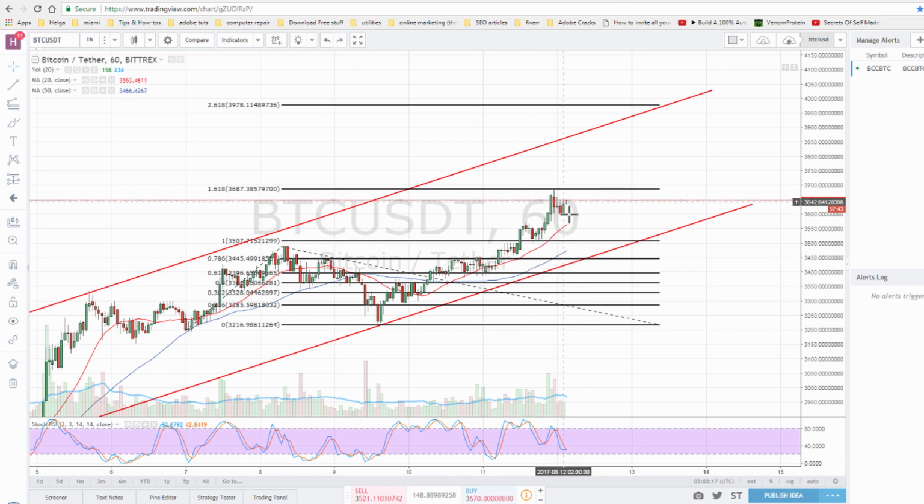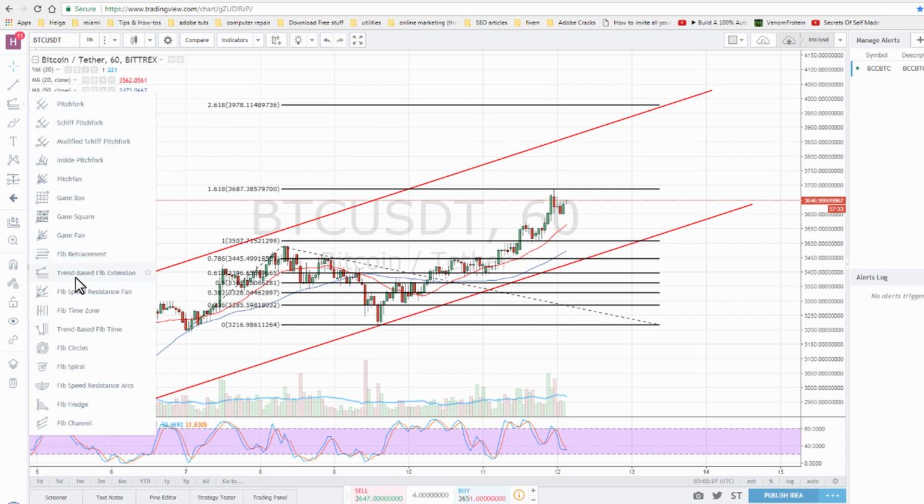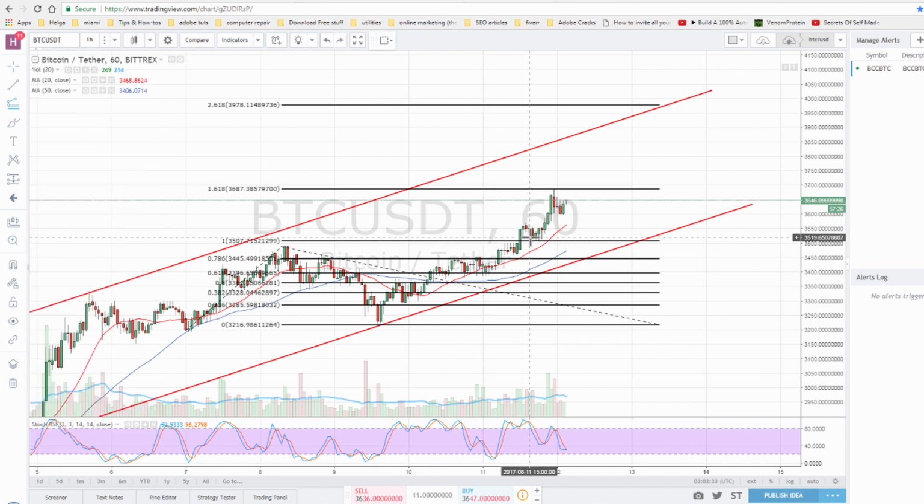But if it retraces down to 3,500, then this wouldn't be a single wave. We're going to have to use the Fibonacci extension tool again to see where the next target will be. So let's imagine that this retraces down to 3.5, okay? Then we will use the Fibonacci extension tool on the previous wave, the wave that was just formed.